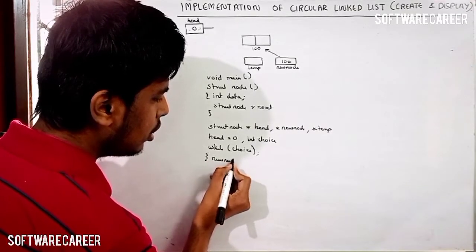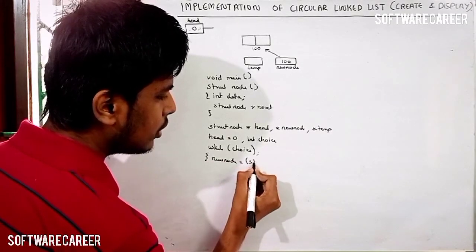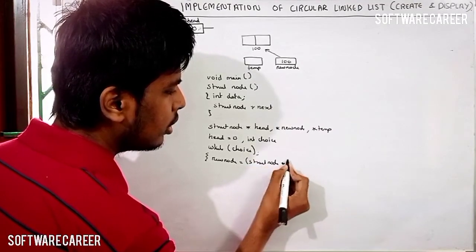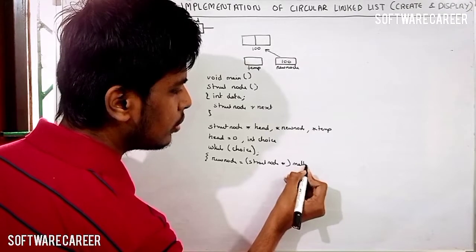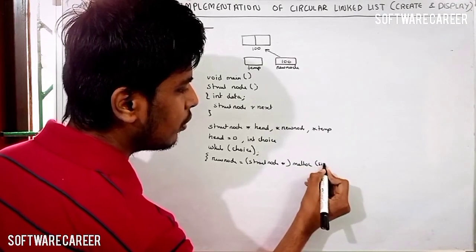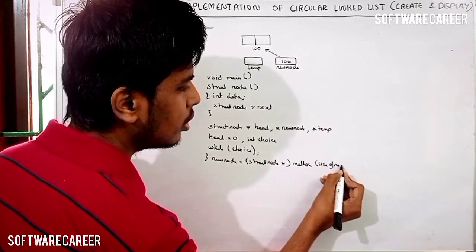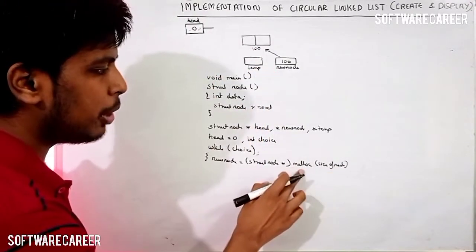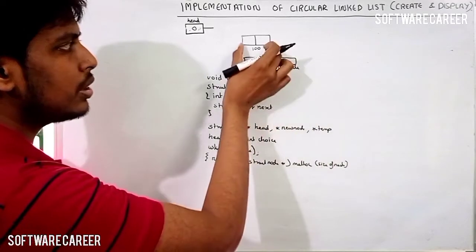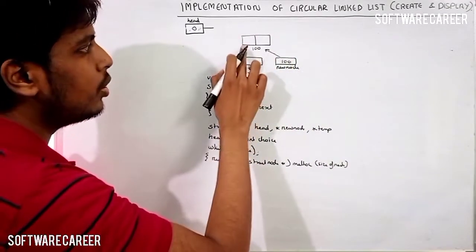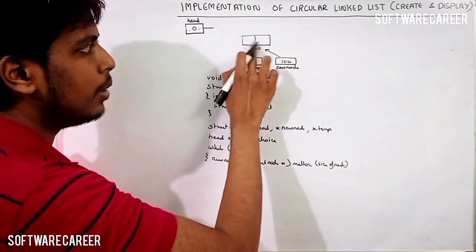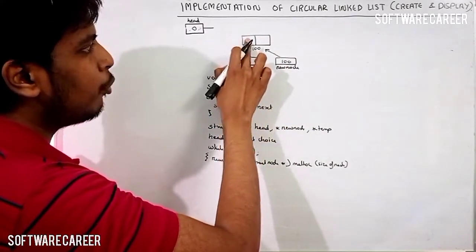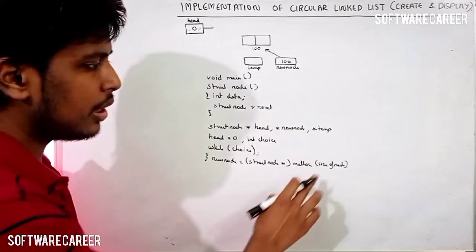New node equals struct node star malloc, this is the malloc function, then size of node. Now see, I have created a new node by using the malloc function, and the size of node is the size of this node. There are two parts, that is the data part and the pointer. Here the integers are stored both. So here 4 bytes, 8 bytes, that is the size of node.